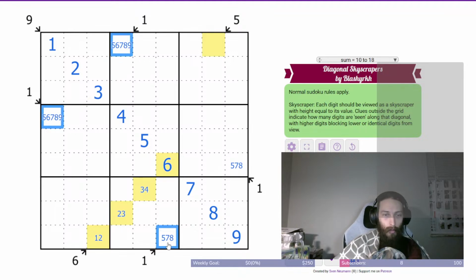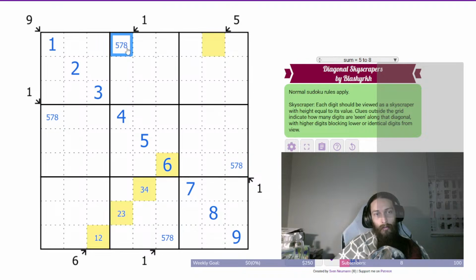Wait, this is a very weird loop. Because this cannot see that, which cannot see that, which cannot see that. These are all the same, aren't they? Maybe. Because, well, I guess let's imagine this one is bigger than that one.